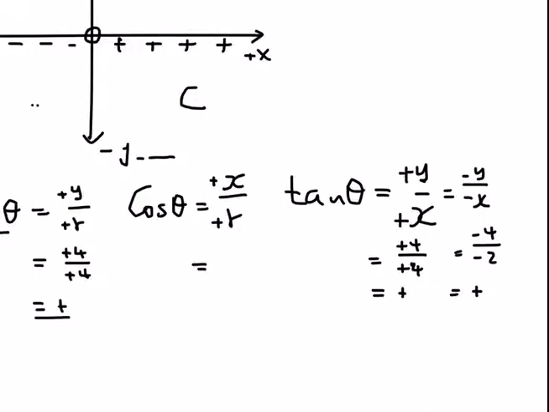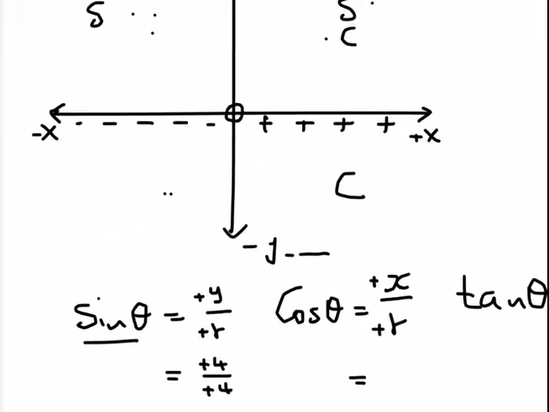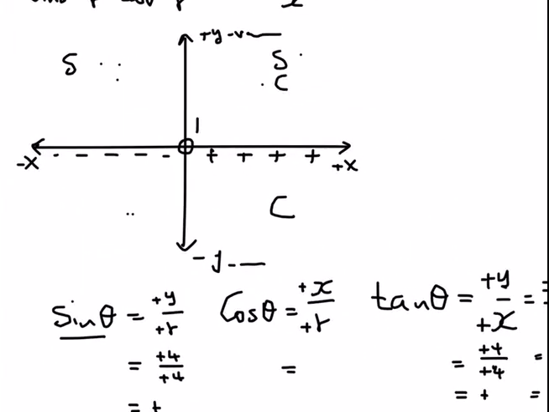So where will that quadrant be? Definitely in the first quadrant, that's where you will take the positive y value divided by the positive x value, and that will mean in the first quadrant the ratio for tan is positive. What about in the third quadrant? Even in the third quadrant, because you have a negative y value divided by a negative x value, and it will end up giving us a positive value.